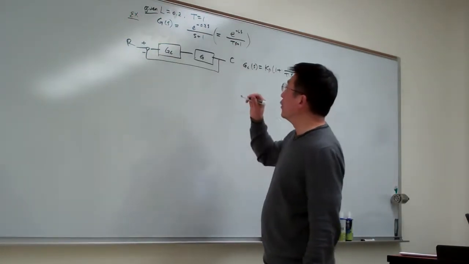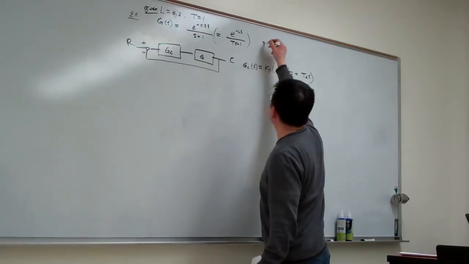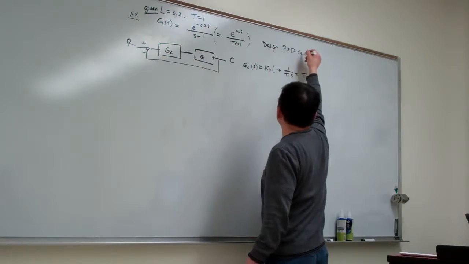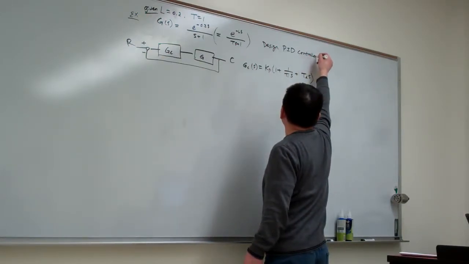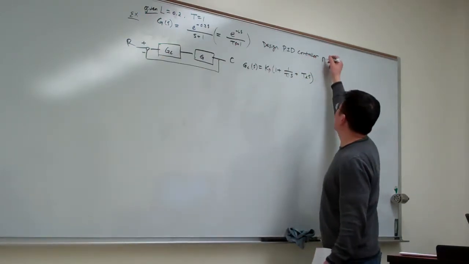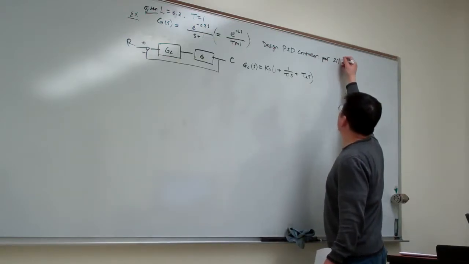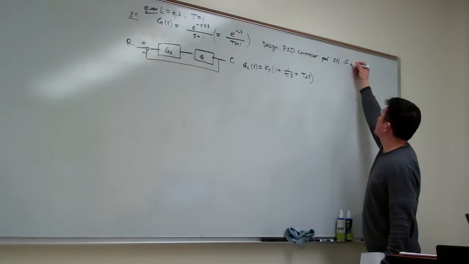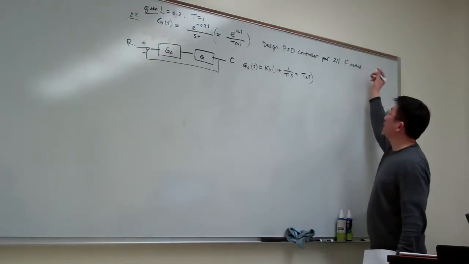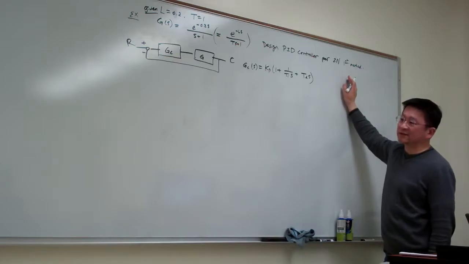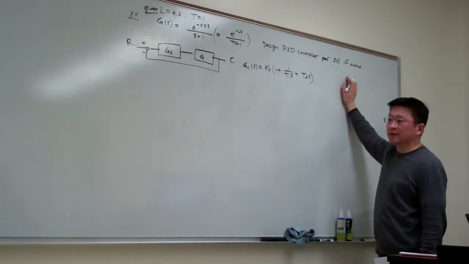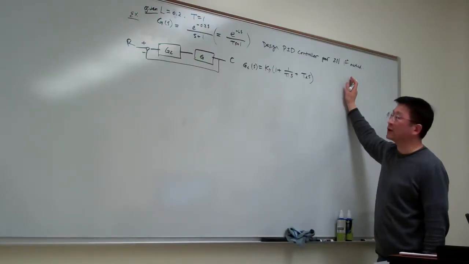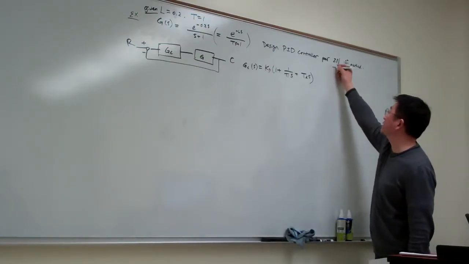Again, our goal is to design PID controllers per the Ziegler-Nichols first method. Again, we simply exercise; I haven't assigned the design criteria yet, but if we want to, we can do it. Here we simply exercise this method.